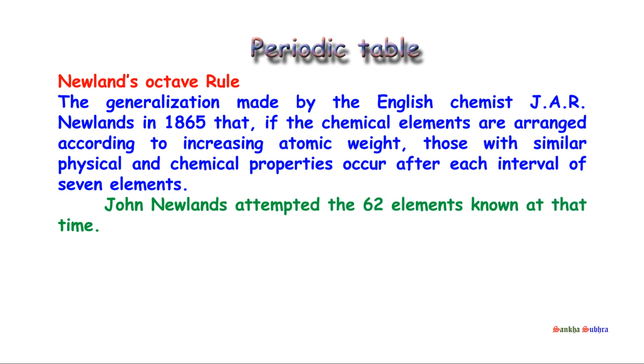He proposed that the physical and chemical properties of the elements are going to be repeated after the 7th element if the elements are arranged with increasing atomic weight. That is the logic: after the 7th element, the 8th one is going to display the same physical and chemical properties as the first element, and that's why this is known as Newlands' Octave Rule.